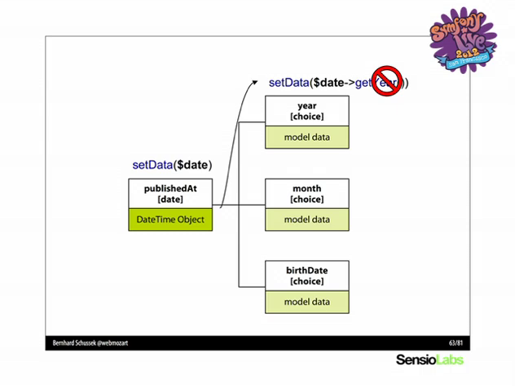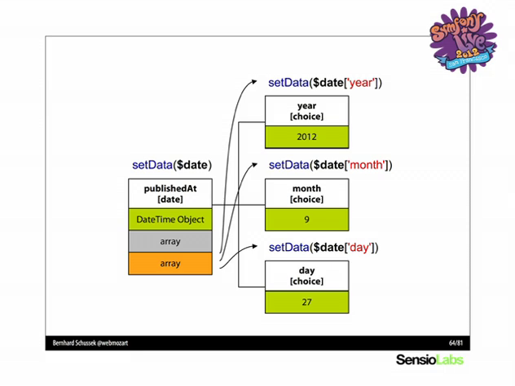And what we need to do is essentially transform the DateTime object into an array and read the indices of that array. So what is happening is the model data, which is the DateTime object, is transformed to the normalized data, transformed to the view data, which is also an array, and then that view data is written into the values of the fields using the setData method.